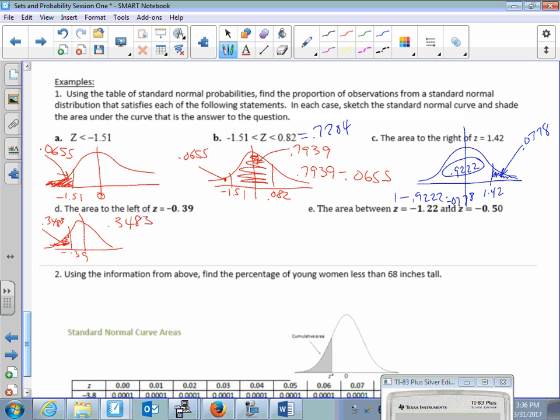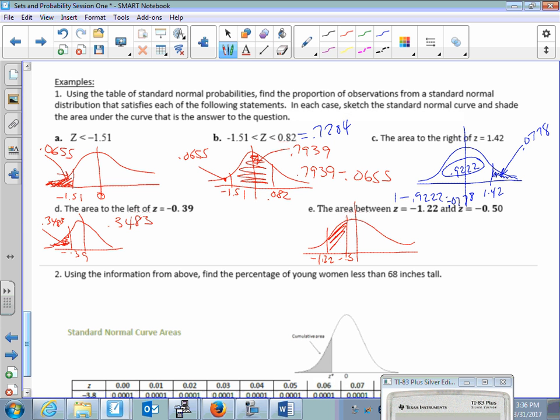Okay, area between negative 1.22 and negative 0.5. Now here's the standard normal curve. Here's the mean. Here's negative 1.22. Doesn't really matter where you put it, except it's got to be on the left of the mean. And the negative 0.5 has to be to the right of negative 1.22, but to the left of the mean.